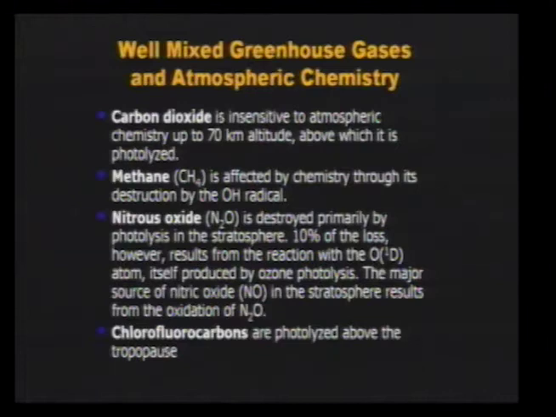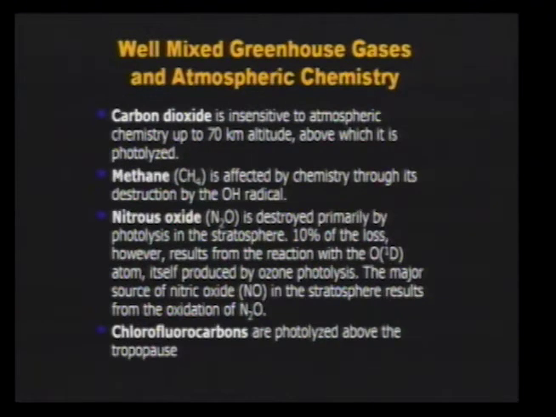If we talk about the well-mixed greenhouse gases and their relatively weak interaction with atmospheric chemistry, we first have carbon dioxide, which is completely insensitive to chemistry, except perhaps in the upper atmosphere where it photolyzes and produces carbon monoxide. If we look at methane, the loss of methane is associated with destruction by the OH radical.